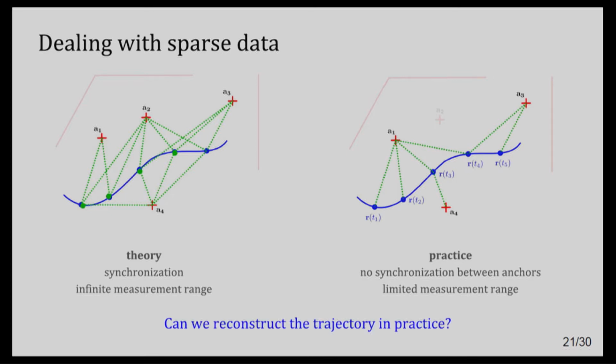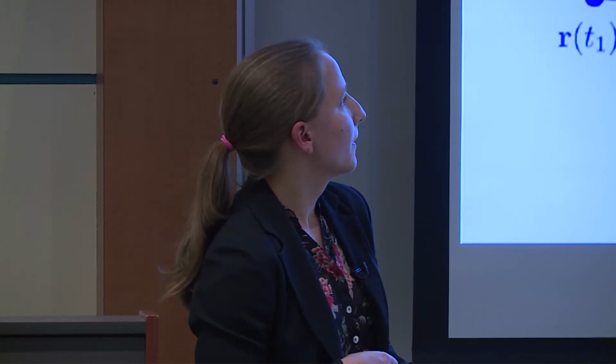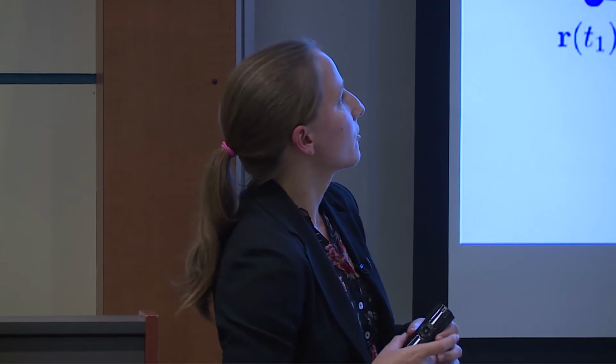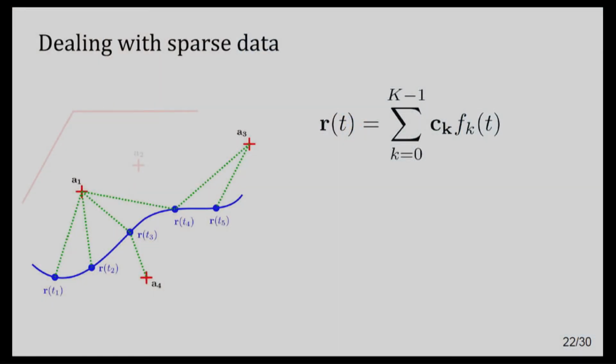And the answer, so this is very recent work and it's very much work in progress, so I will mostly give a sketch of what we're doing. We try to solve this problem by imposing a trajectory model. This trajectory model has basis vectors f_k and coefficients c_k, and we have big K of them.